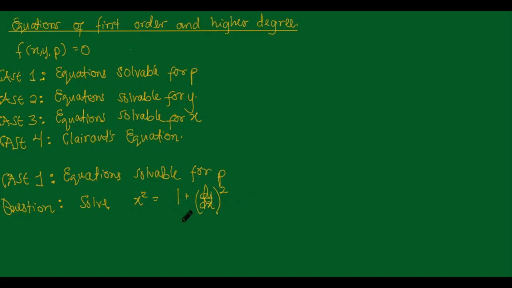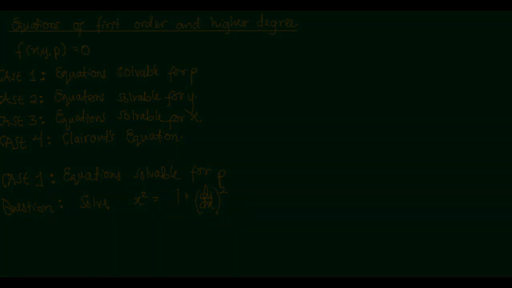So we are required to solve this differential equation x squared is equal to 1 plus dy dx all squared, and we are going to discuss the method of solution of differential equations of this case. Let's take a look at the solution now.